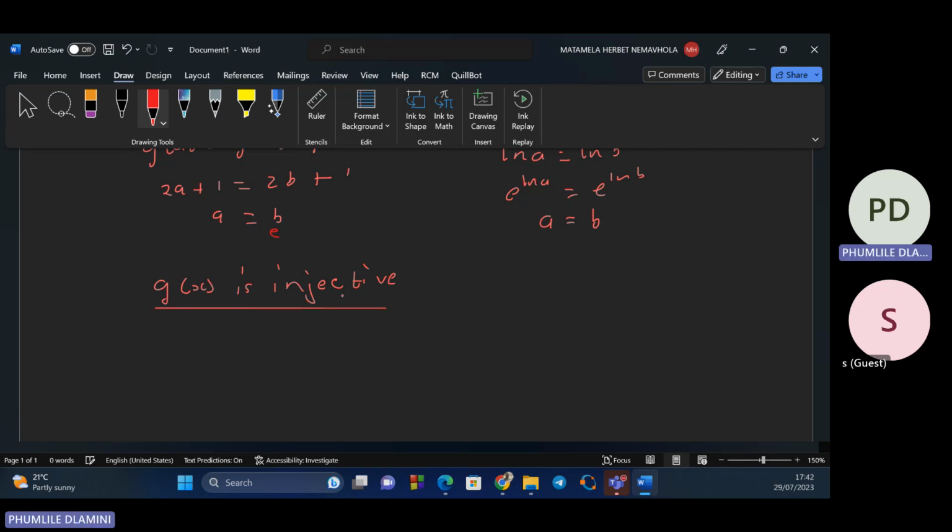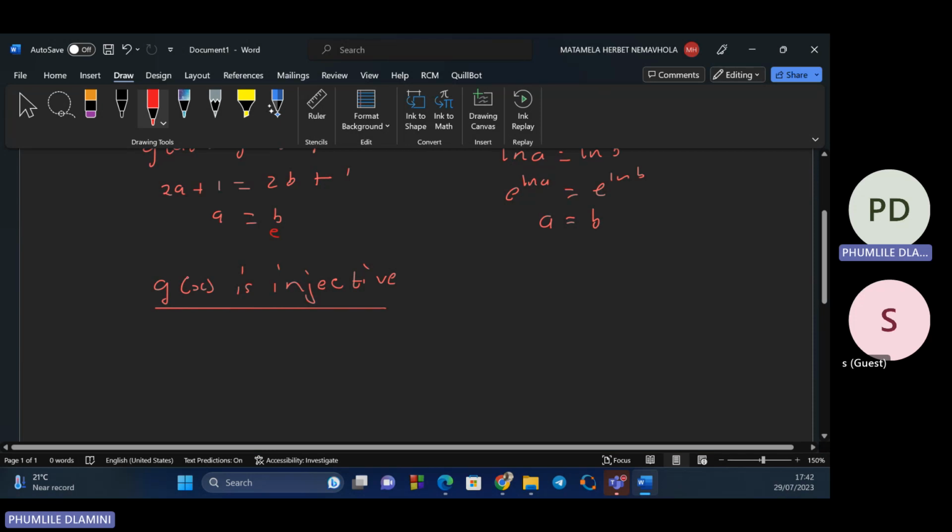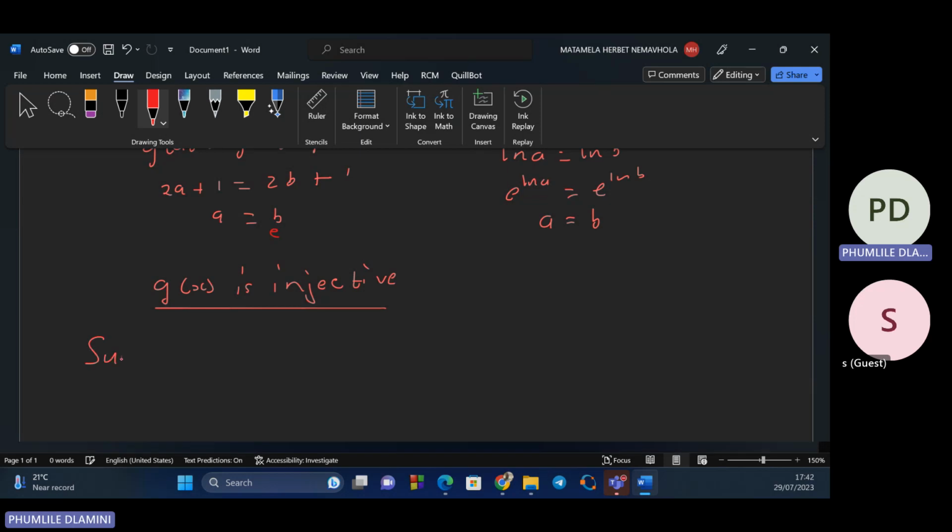So let's go and do another one to check surjective. When we check surjective, we are checking onto. When we talk about surjective, we are talking about onto.